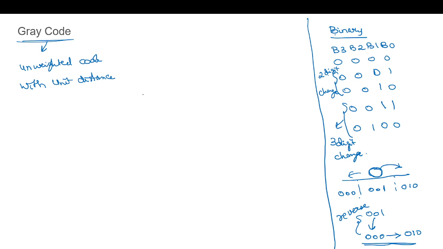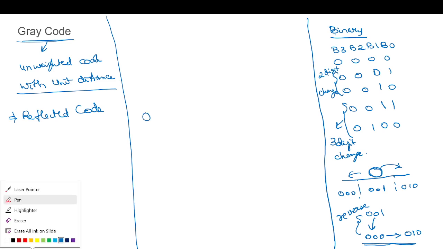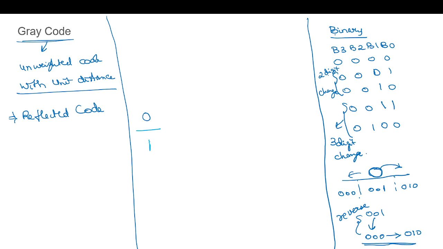So one method, how can we obtain this gray code? One of the methods is based on reflection. So we also call it a reflected code. So let's see. If we have a 1-bit number, I can divide this so that I can make the code. Say I have 0, then its reflection will be 1.